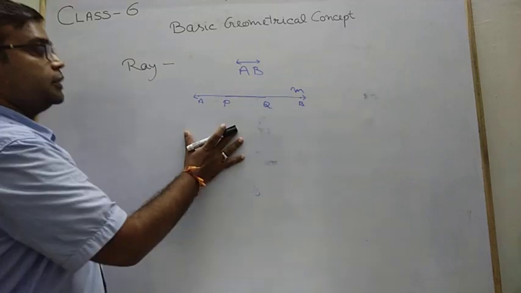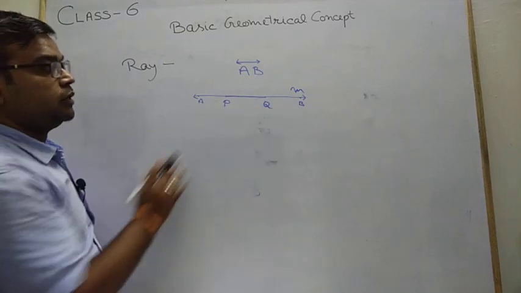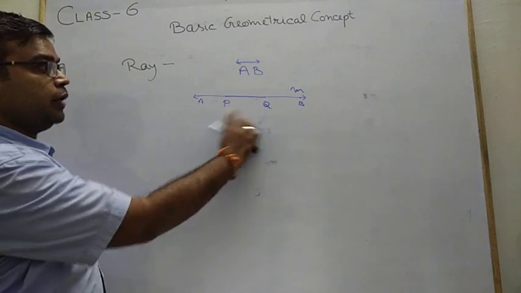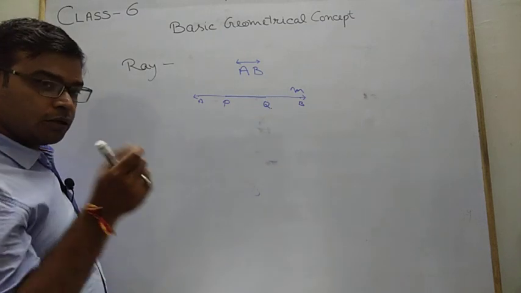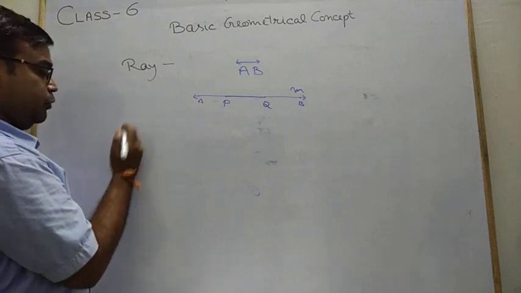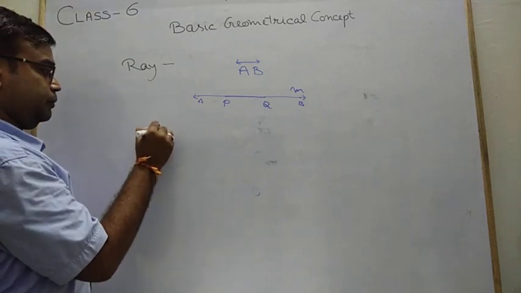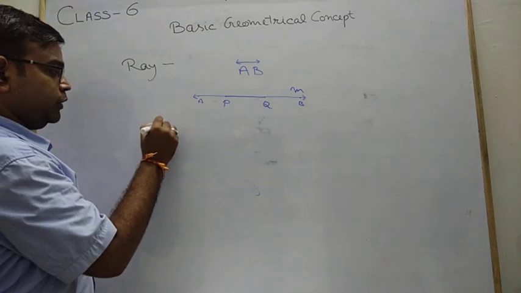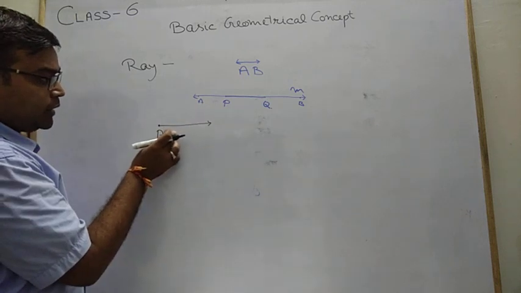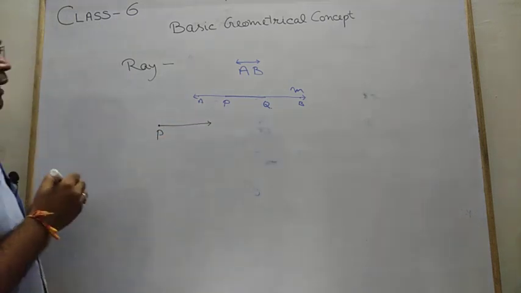All of you know this concept of line, and also you know the line segment. Suppose a condition comes that there is only one end point P and one side is open for a line, meaning this line can extend in this direction.